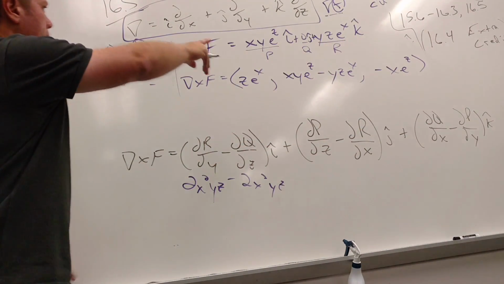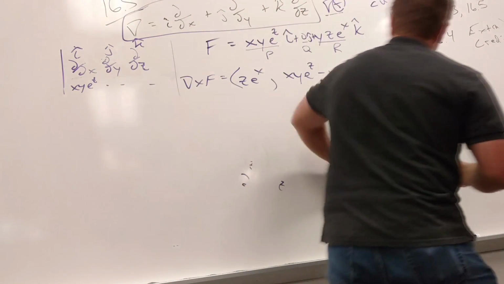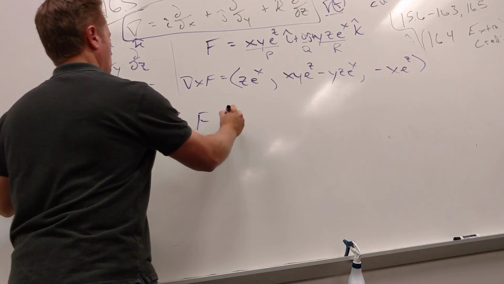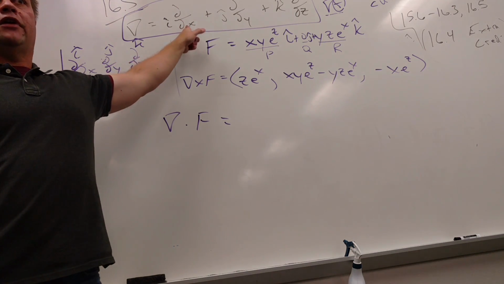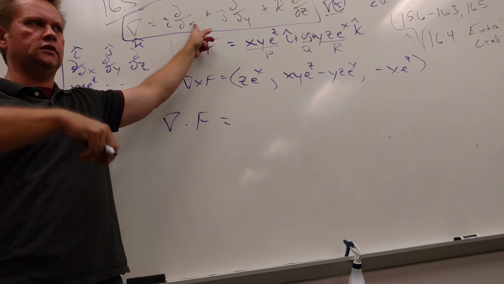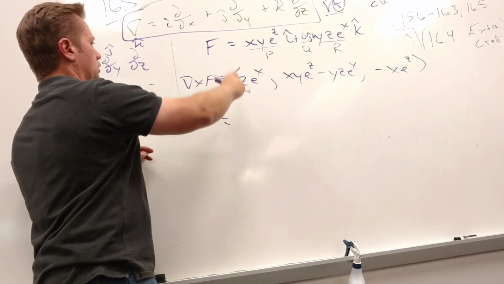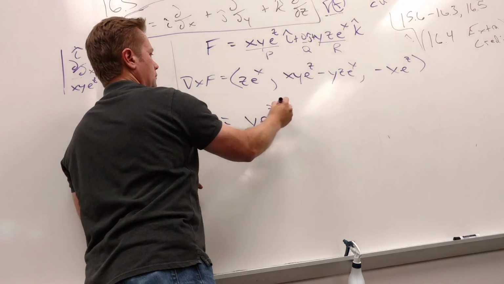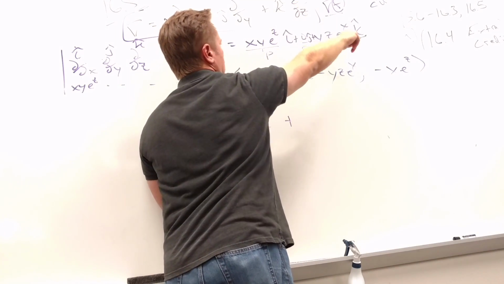Okay. How about the divergence? What if I wanted to do the divergence? Dot product. Yeah. So now each component, I just attack it with the derivative of that with respect to that component. Does that make sense? The x component will be d by dx, because it would be dot product, bam, bam, bam. So it would just be d by dx of this plus d by dy of 0, d by dz of this.